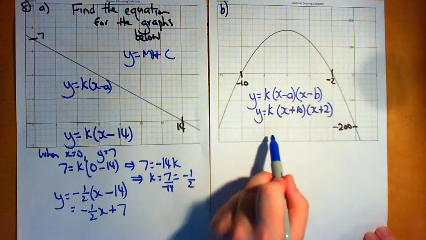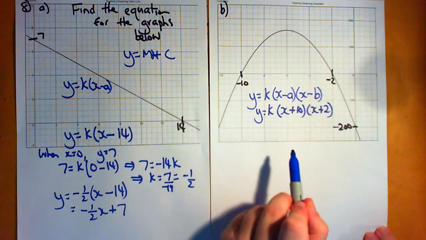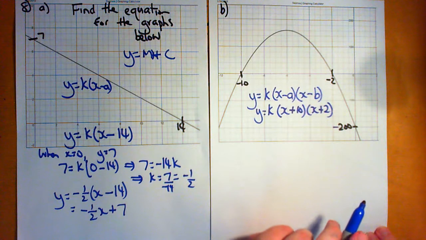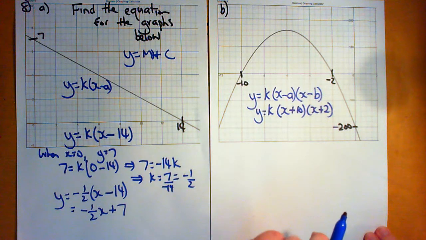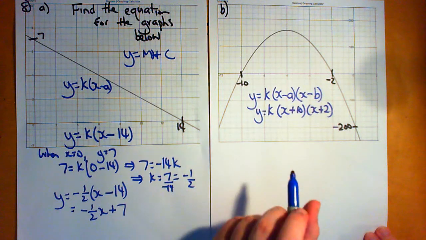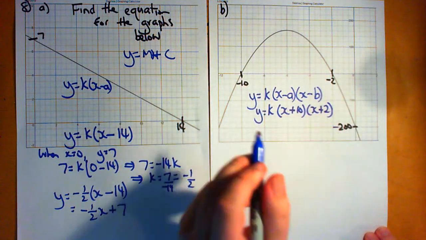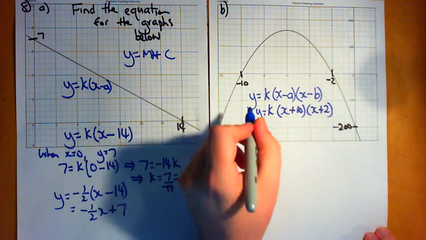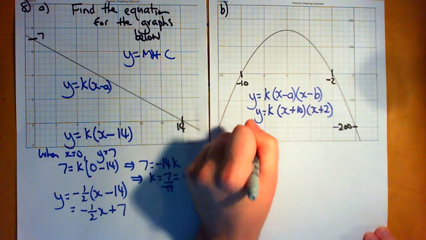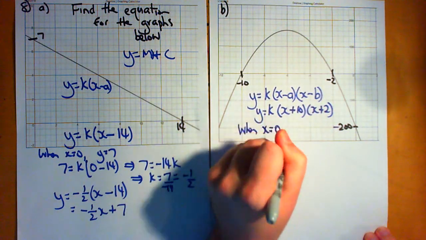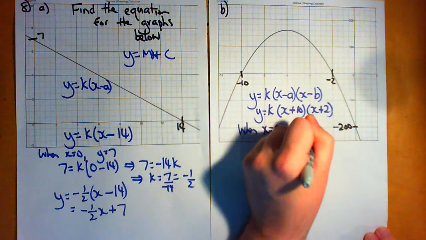Okay, so we've got most of the equation of the parabola sorted out already. We just need to work out what the value of k is, which means we need to use another point, which in this case we can use the y-intercept there. So when x equals 0, y equals negative 200.